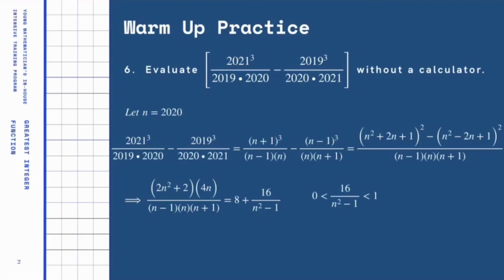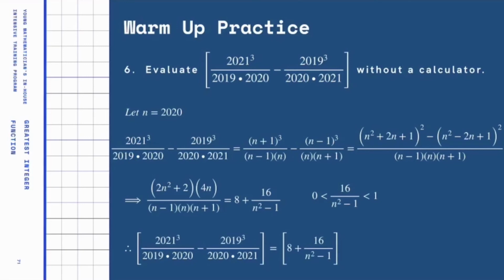Since n is 2020, 16 over 2020 squared minus 1 is a fractional part, that is, between 0 and 1. Which is nice. Since we want to get the greatest integer function of our expression, now we have the greatest integer function of 2021 cubed over 2019 times 2020 minus 2019 cubed over 2020 times 2021 is equal to the greatest integer function of 8 plus 16 over n squared minus 1.